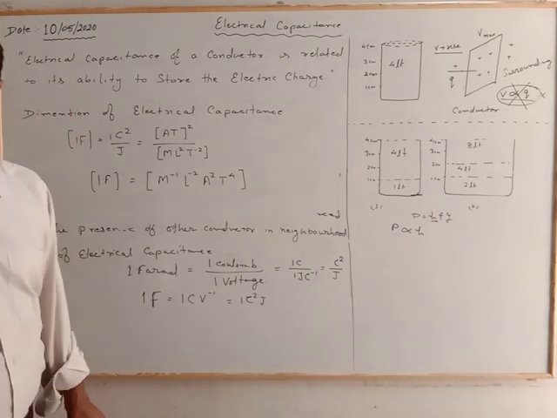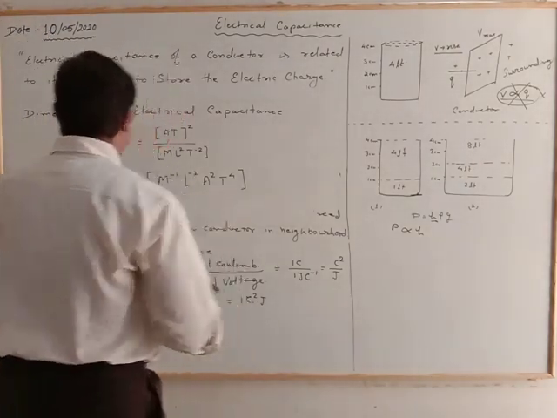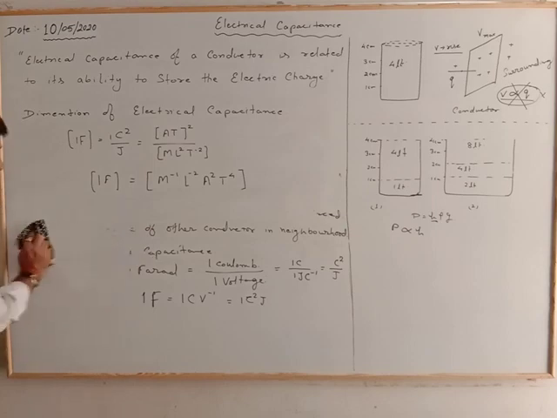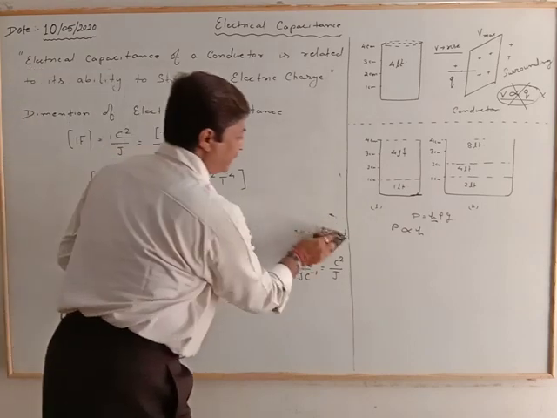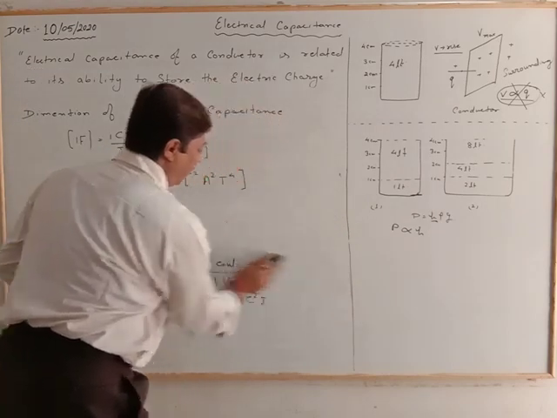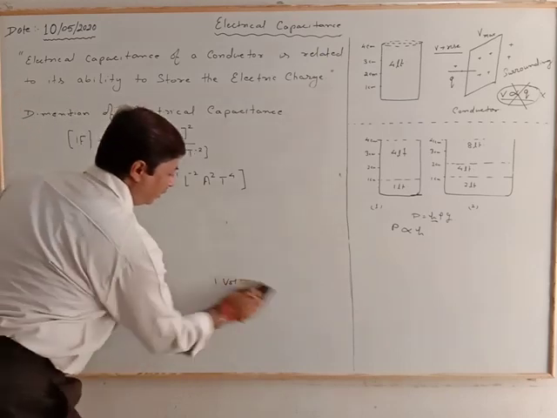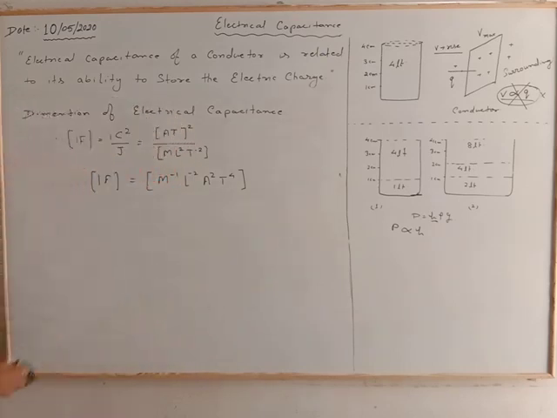Now the farad is a very large unit. So we use smaller units, the practical unit of electrical capacitance.